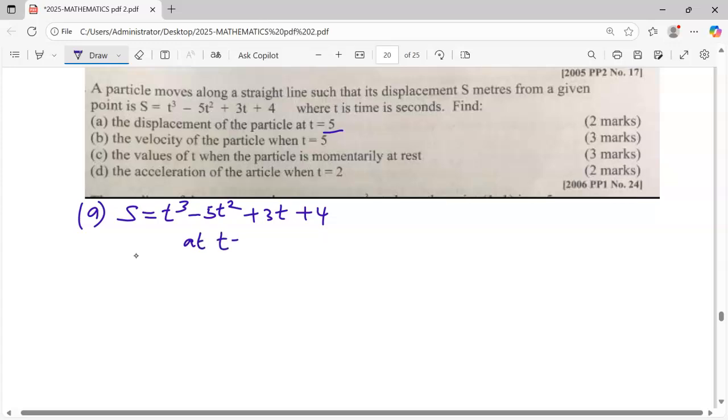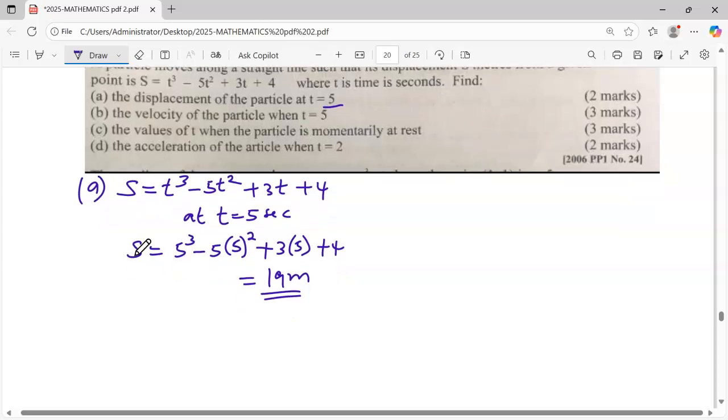Therefore, at t equals 5 seconds, the displacement is going to be equal to t, the value of t is 5, cubed, minus 5 times t, the value of t is 5 squared, plus 3 multiplied by t, which is 5, and finally plus 4. And in this case, we are going to have an answer that is equivalent to 19 meters as the displacement or distance.